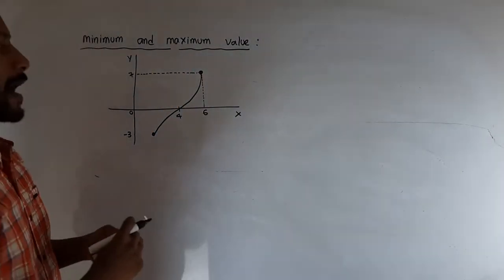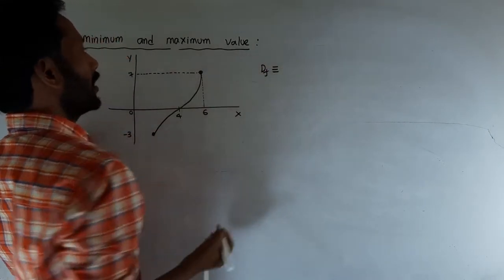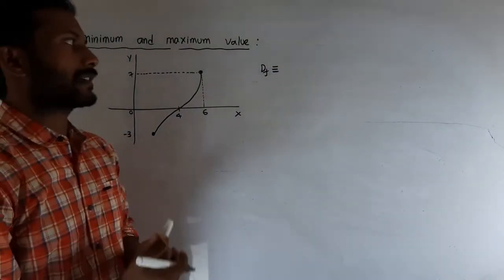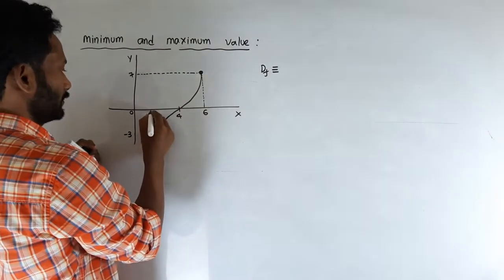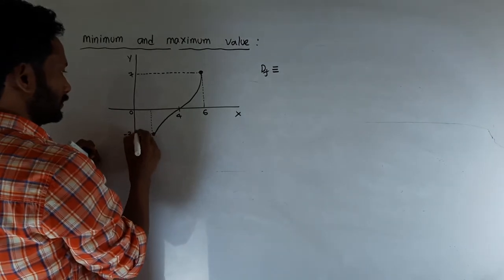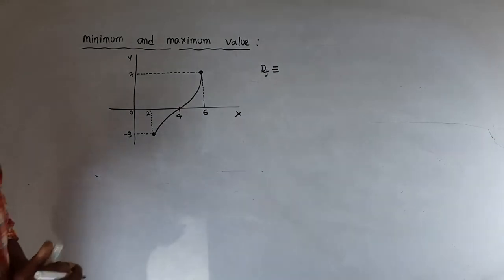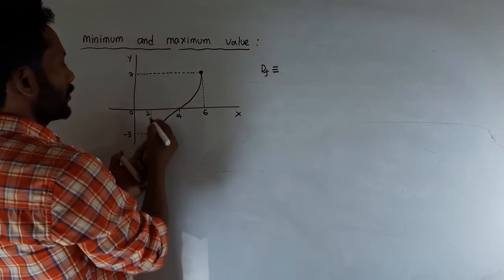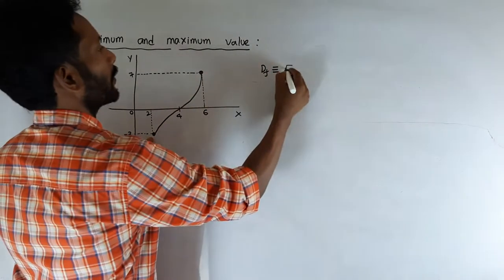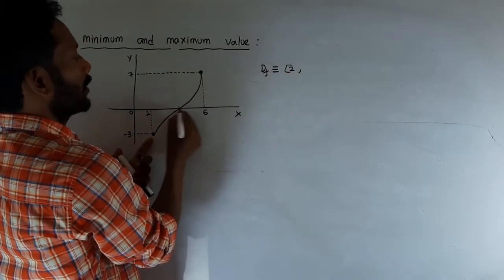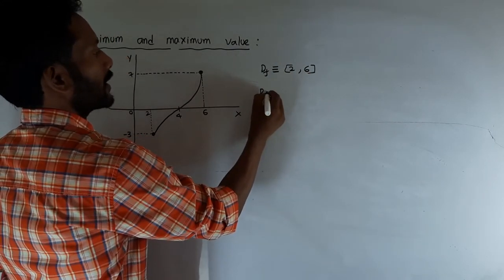Find the minimum and the maximum. First, what is the domain of this function? Domain is the portion of the x-axis which is covered by the graph. What is the portion of the x-axis? Closed interval 2 to closed interval 6. It is the domain.